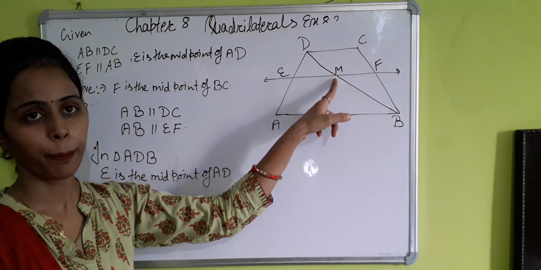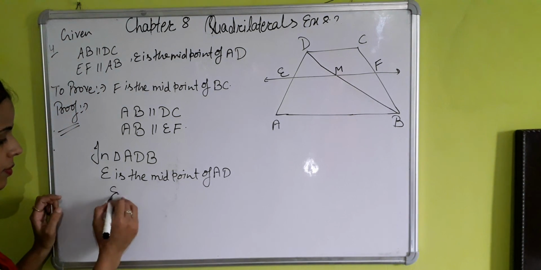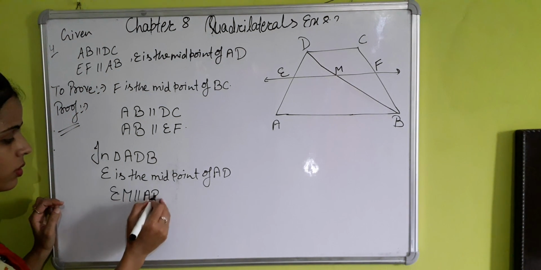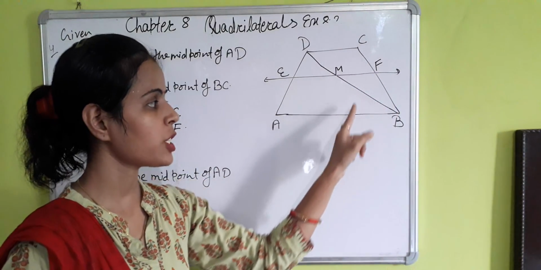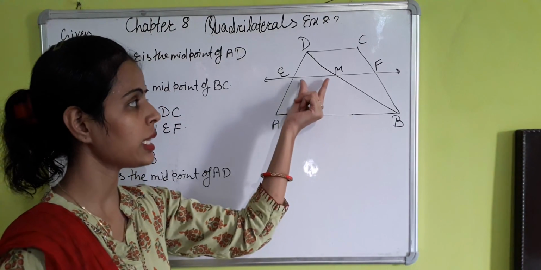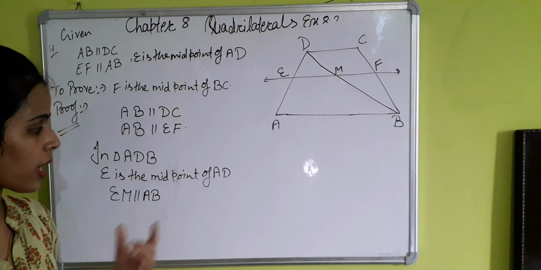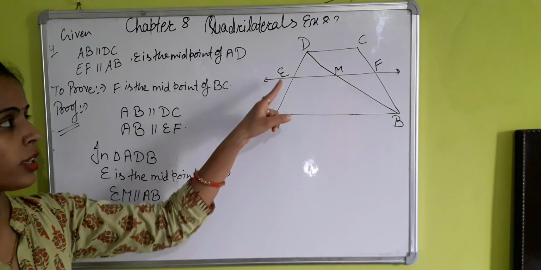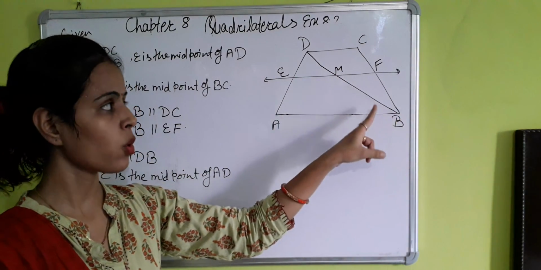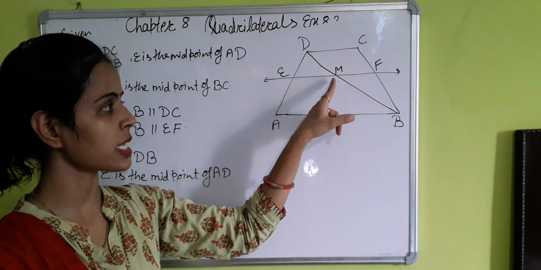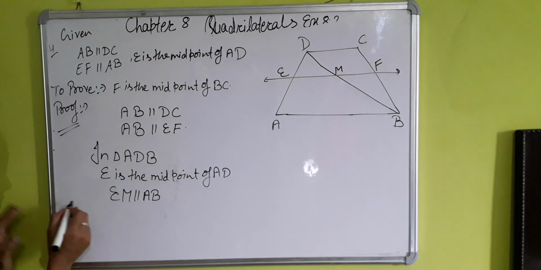This line EM is parallel to AB. Why? Because this complete line EF is parallel to AB, so this EM is also parallel to AB. And by the converse of the midpoint theorem, this point is the midpoint and this line is parallel to AB, so we can say that M is the midpoint of side BD.